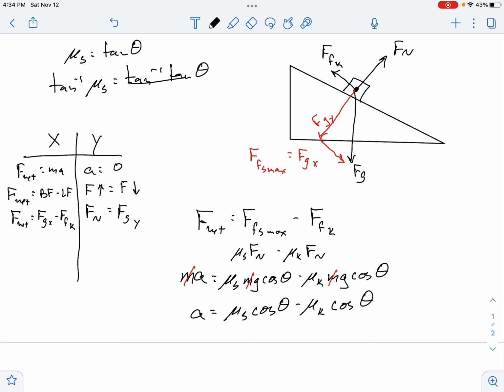Again, we needed to work to get that first part of the problem done to figure out what that theta is.